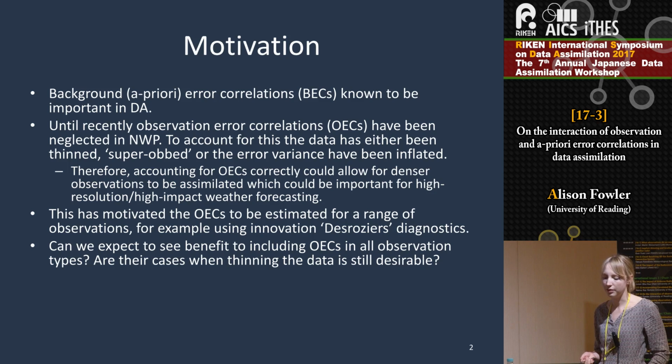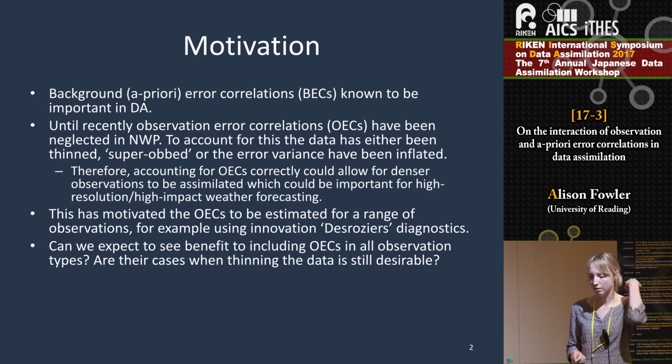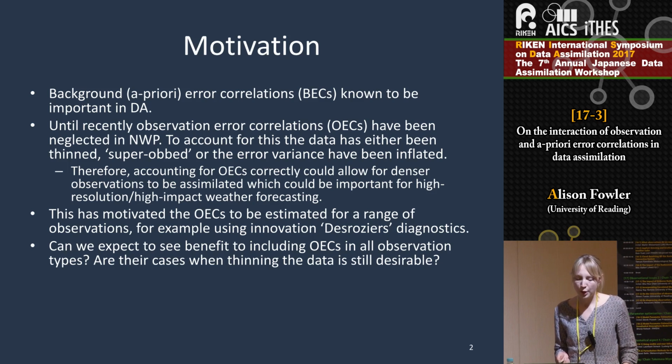To account for this, we've been either thinning the data or super-obbing, or the error variance has been inflated. Therefore, if we can accurately account for the observation error correlations in data assimilation in an optimal way, it will allow for dense observations to be assimilated, which could be important for high resolution and high impact forecasting, as we've already heard about today.